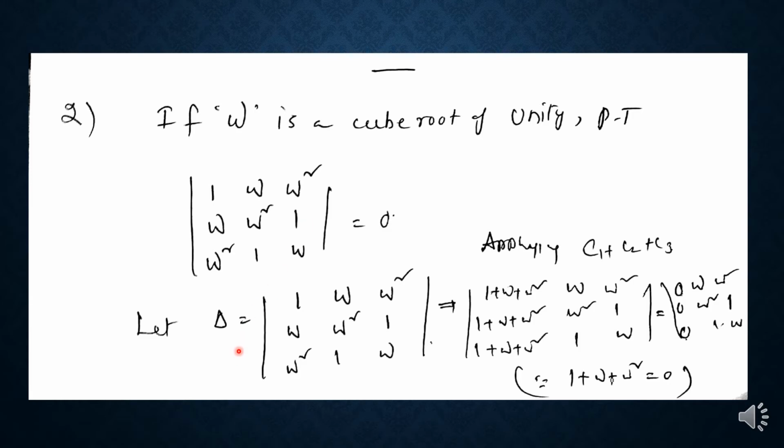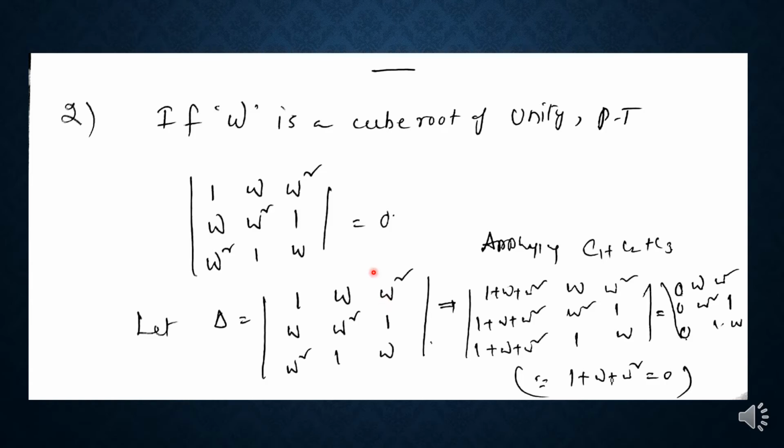So let delta be equal to the determinant 1, omega, omega square; omega, omega square, 1; omega square, 1, omega. By applying C1 plus C2 plus C3, adding them and putting the result in C1, we are changing the column 1 elements. C2 and C3, the second column and third column, are constant.